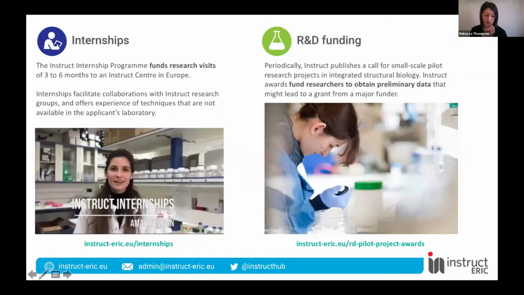Beyond the training catalogue, in some cases, researchers are interested in gaining deep insight into particular techniques and really require access over a sustained period of time, and maybe not just access to equipment, but also expertise. It can sometimes be very difficult to make significant progress on a project within 48 hours. And this is where I think one of the really exciting things Instruct offers is their internship programme.